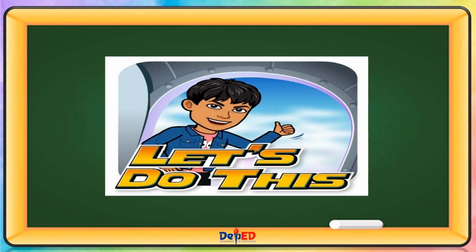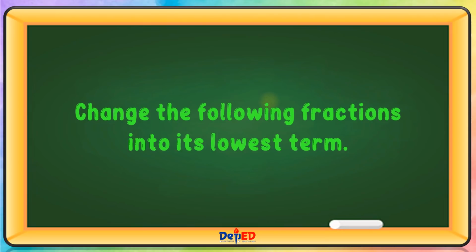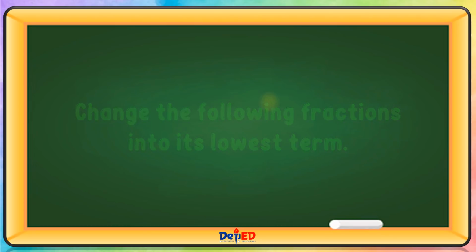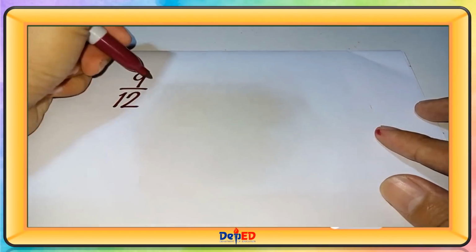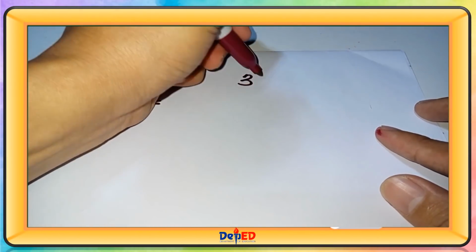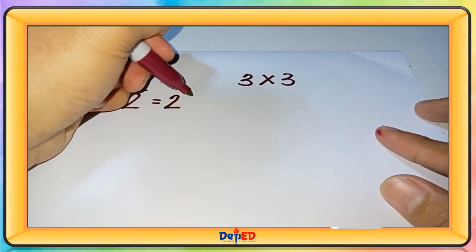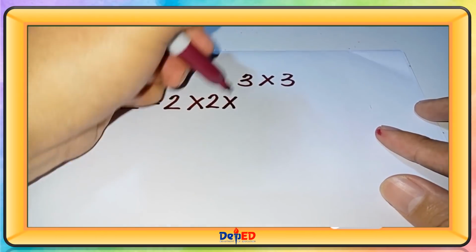Let's do this. Change the following fractions into its lowest term. 9/12. The prime factor of 9 is 3 times 3. 12 is 2 times 2 times 3.